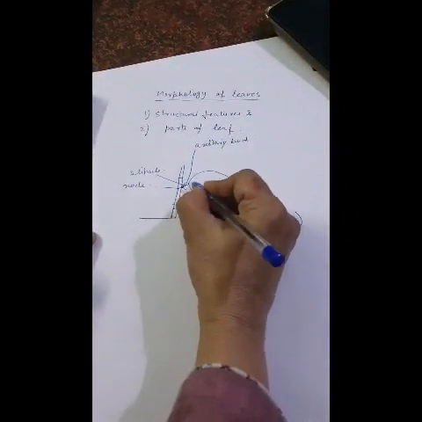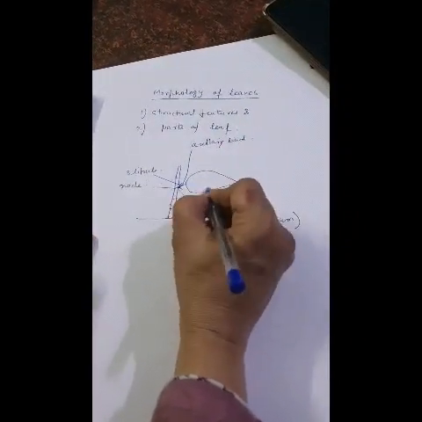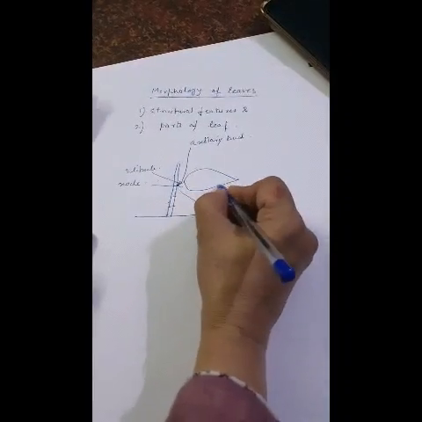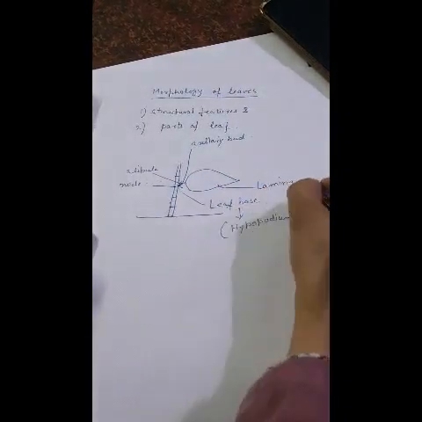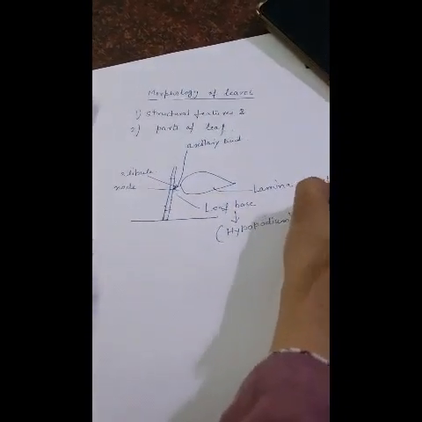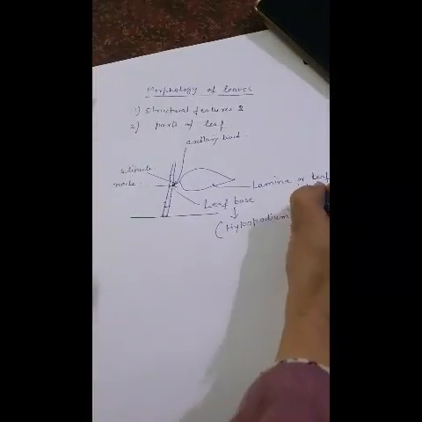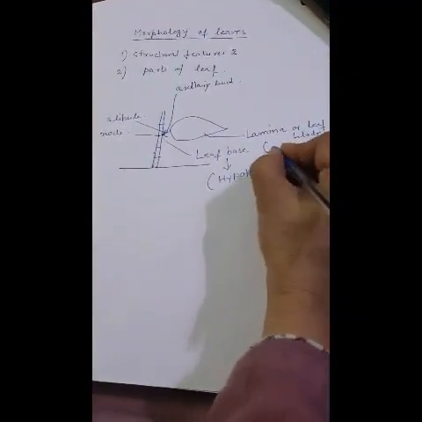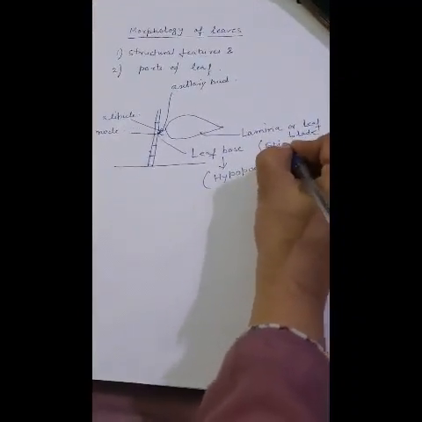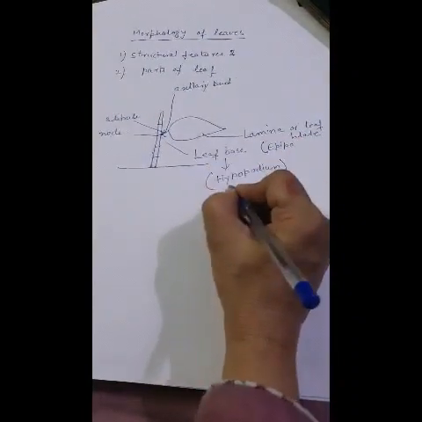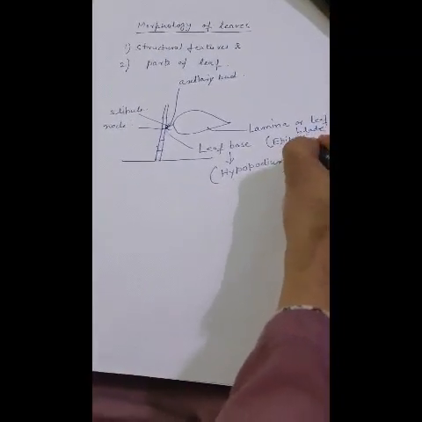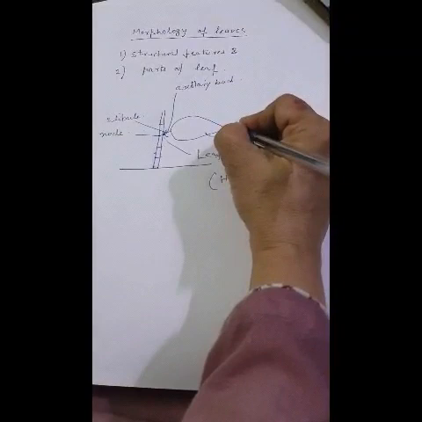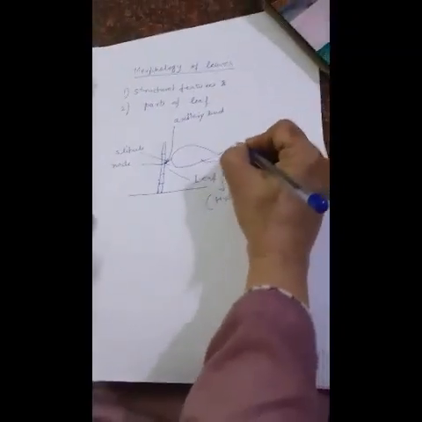The whole green structure is known as lamina or leaf blade. Technically it is known as epipodium. Leaf base is hypopodium and lamina or leaf blade is epipodium. Tip of leaf is known as leaf apex.